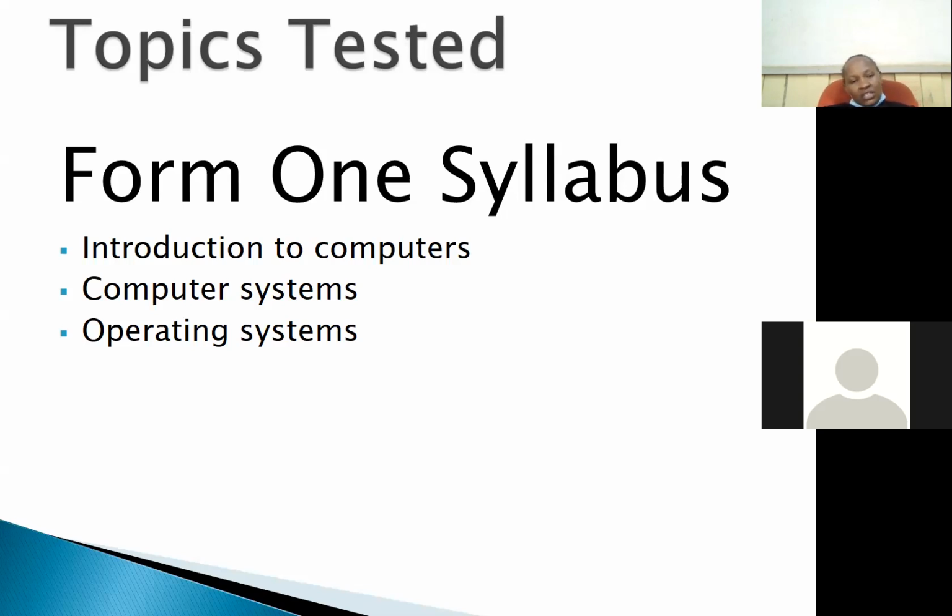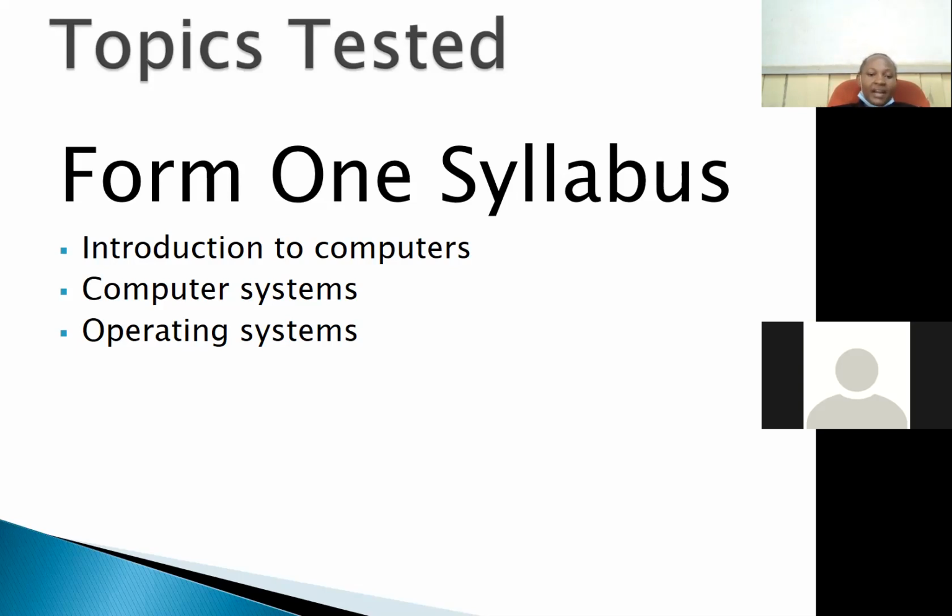Then we also move on, still in the computer system. You must understand what we call the computer software, the categories of computer software, which are the application software and the system software. You must understand all that. Everything that is contained in that topic, you must be able to understand and answer a question that is tested in that topic.